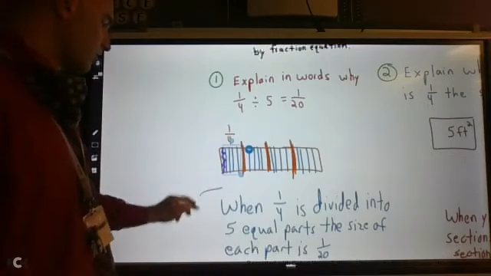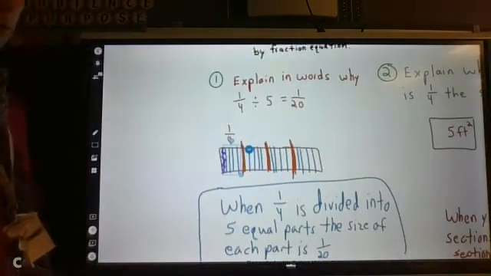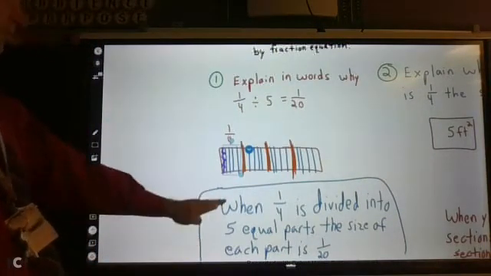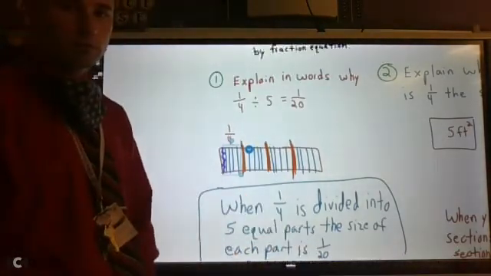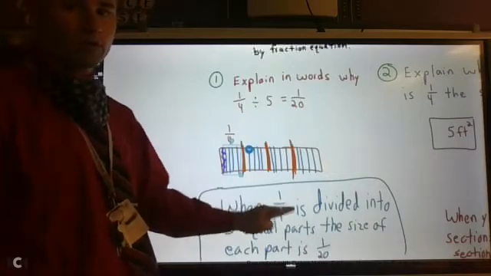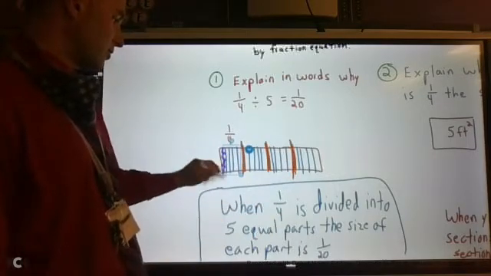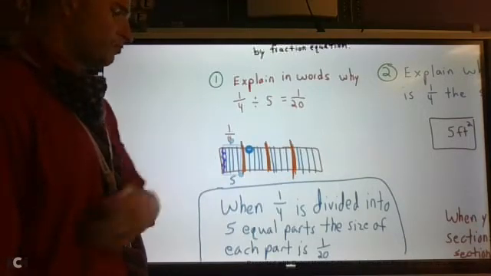This is what I'm looking for you to practice doing today: explaining why the quotient is 1/20, by saying when 1/4 is divided into 5 equal parts, the size of each part is 1/20.